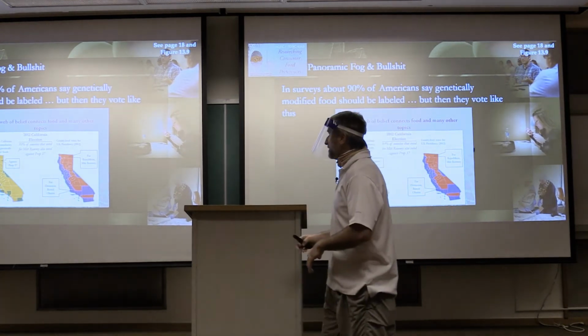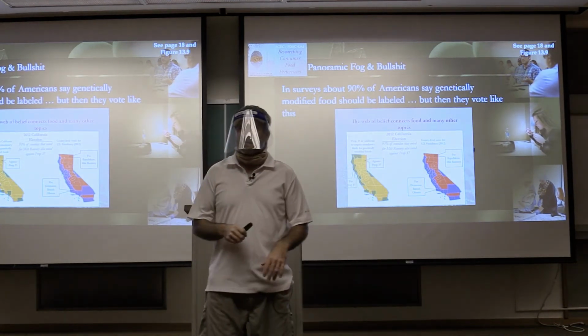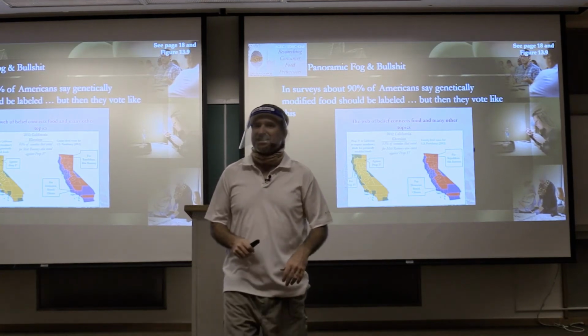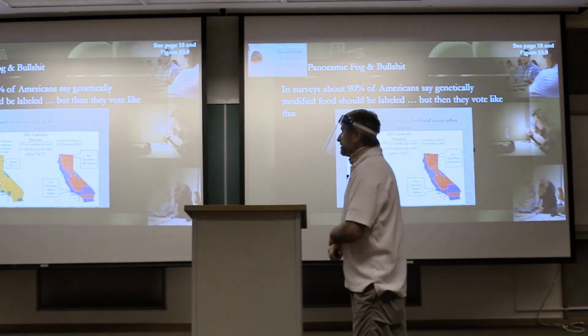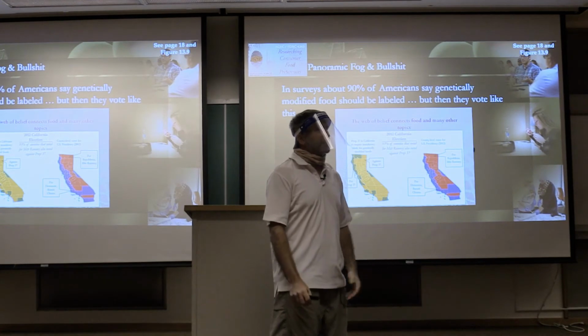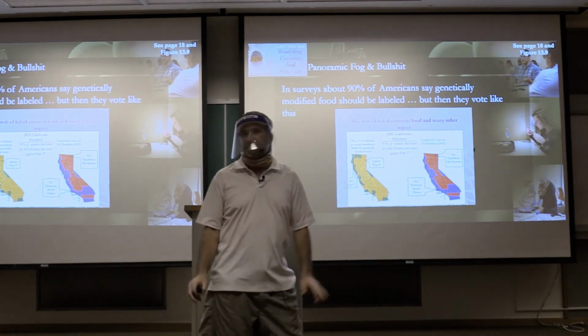That was Prop 37, in 2008, I think. And the whole proposition was about whether we should label genetically modified foods. And it did not pass.